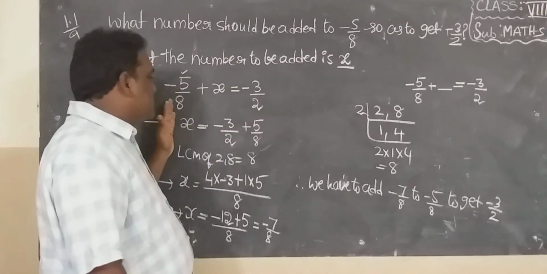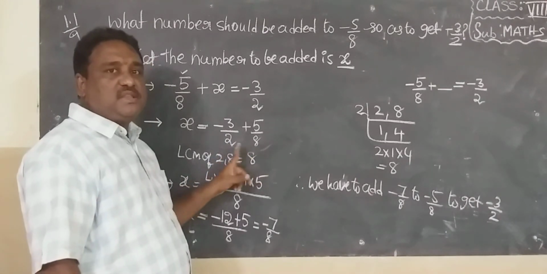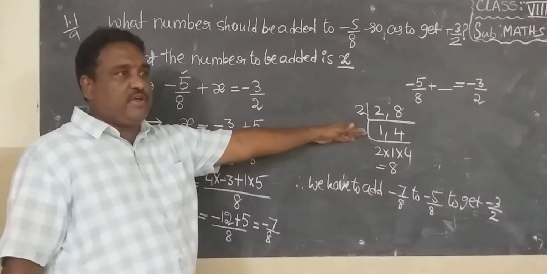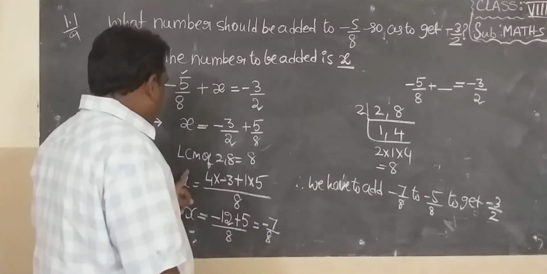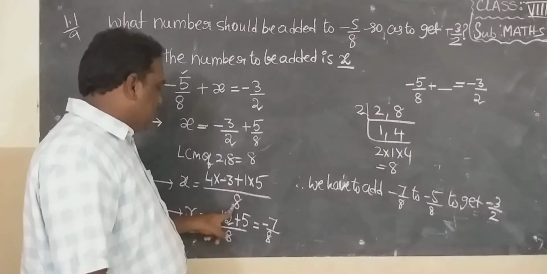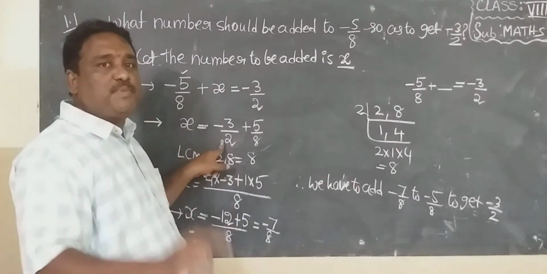Now the term is moving to the right side. LCM of 2 comma 8 equal 8 only. This is rough work for LCM. 8, 2 table 4 times. So LCM is very important.